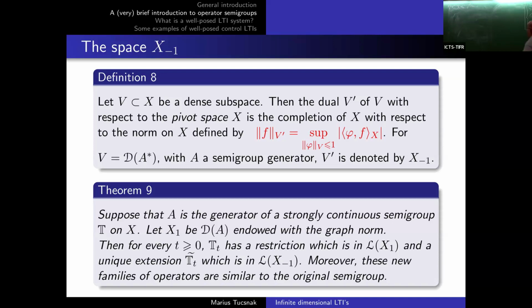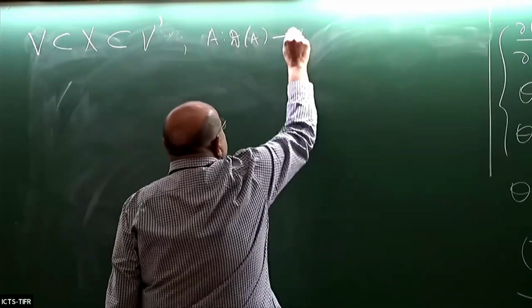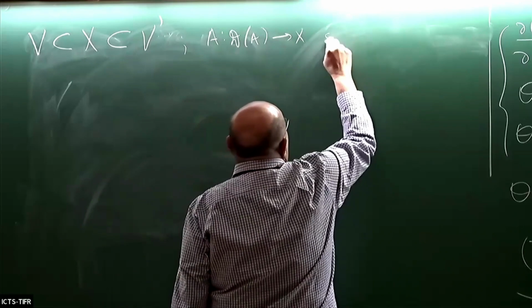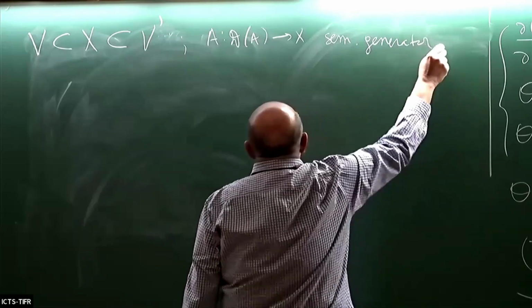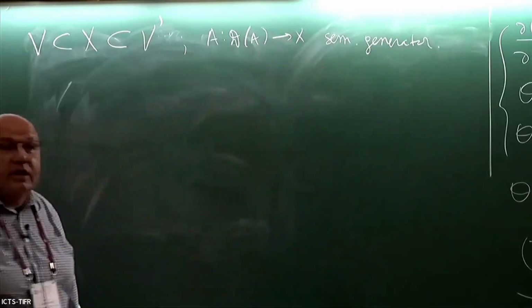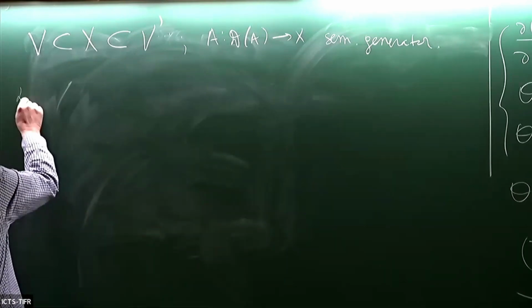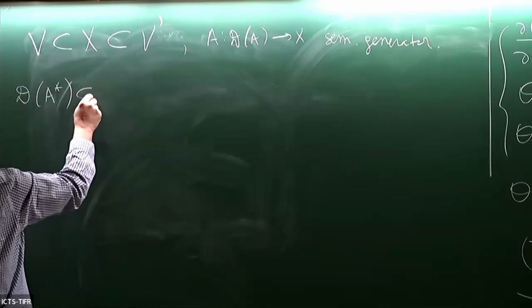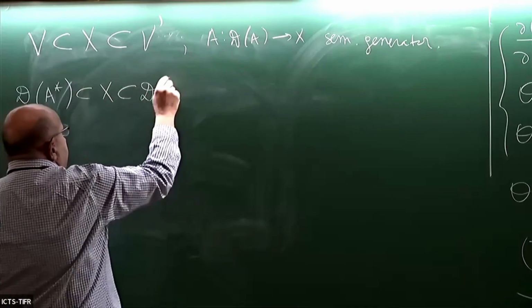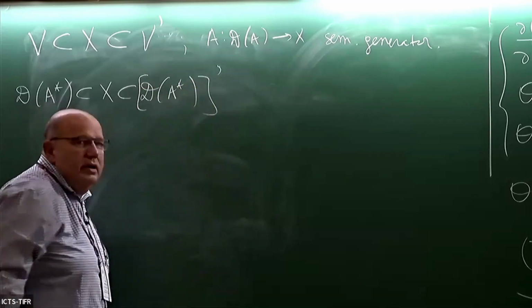So now, if I take a semigroup generator, A from D of A to X, then I know that A star, its adjoint, is also a semigroup generator. And so I do this construction for D of A star. So I take V equal to D of A star, and I do this construction.